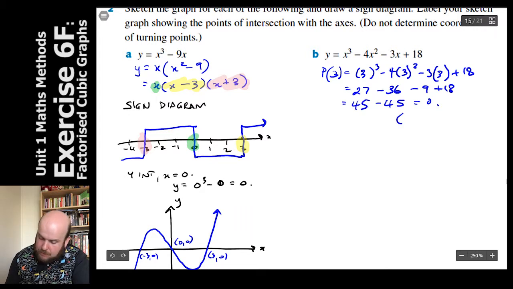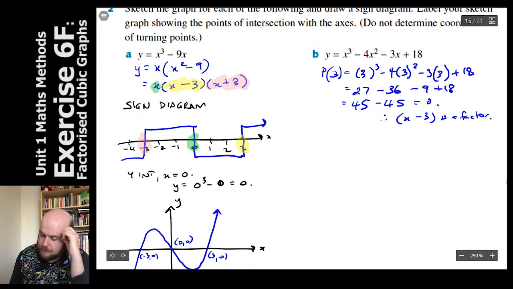There we go. Good. So we've got x minus 3 is a factor.